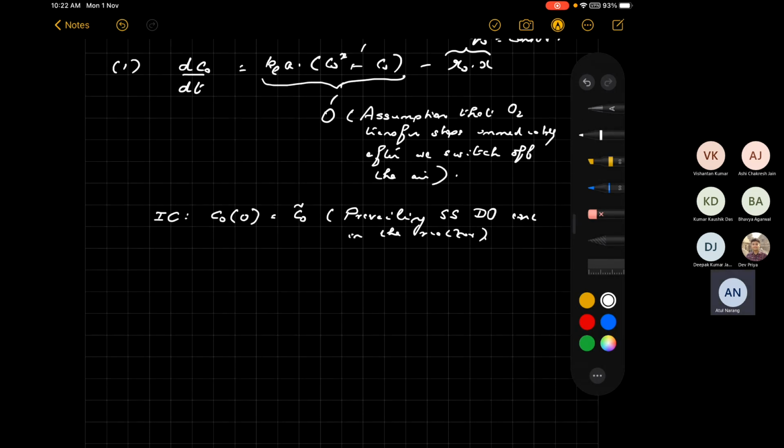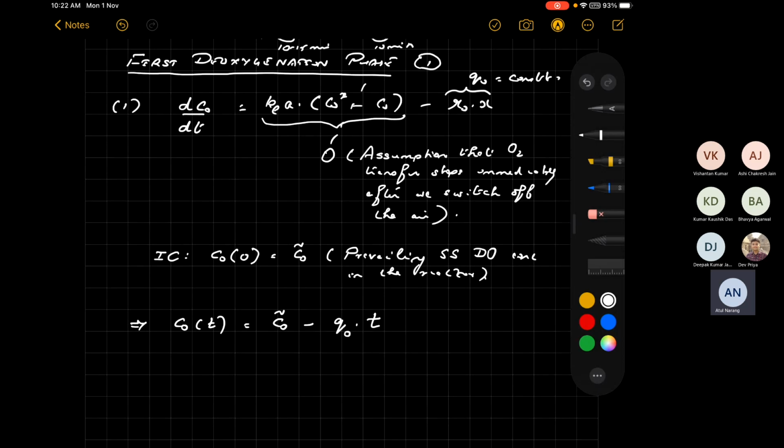So essentially what you have is dCO/dt equals minus Q0, right? And that means that if you solve it with this initial condition, all you get is the solution: CO at any time t is the initial value minus Q0 multiplied by t.